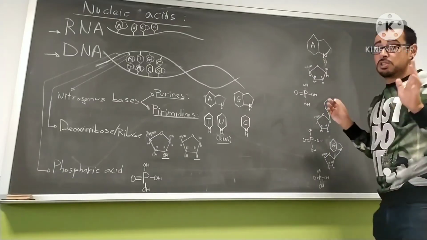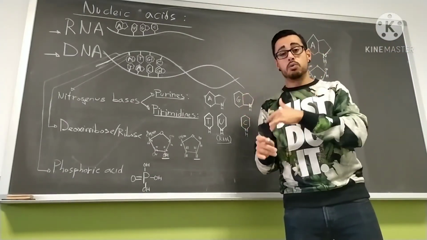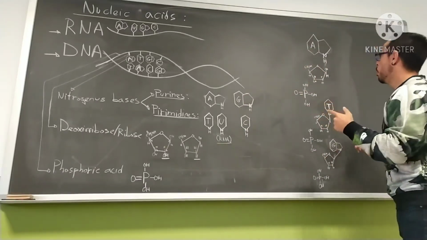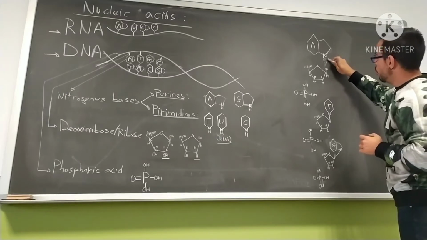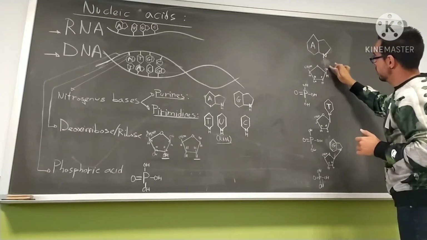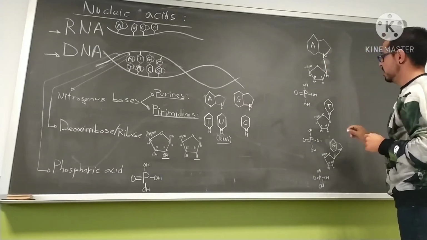Obviously, as you know, when we make a bond, in general, we take out water, H2O. So here we take this H, this other one, and this oxygen, and it's going to be bonded like this.